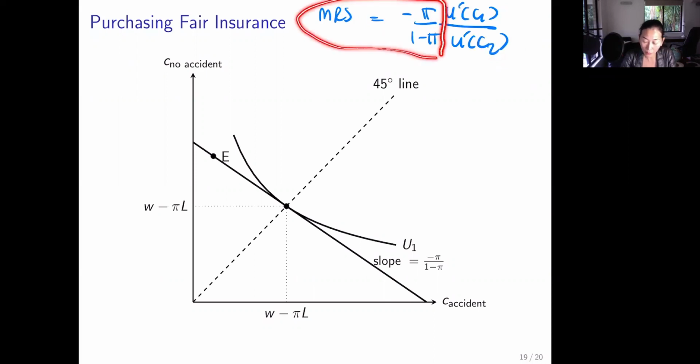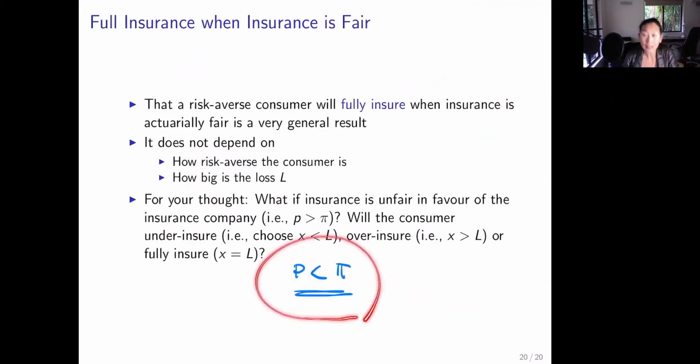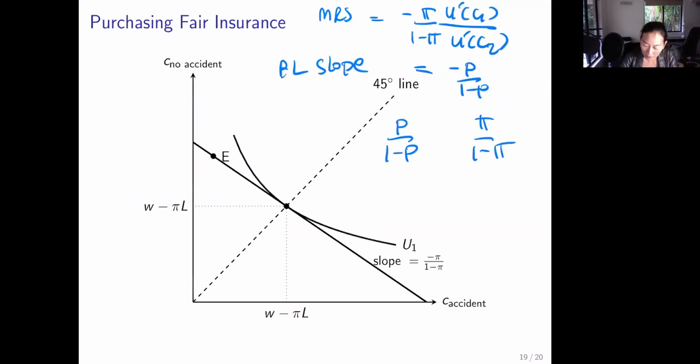MRS is equal to this term only when we are along the 45-degree line, okay? And the slope of the budget line is equal to negative p over 1 minus p. Now if you just compare p over 1 minus p with pi over 1 minus pi, if p is smaller than pi, that means this is going to happen.